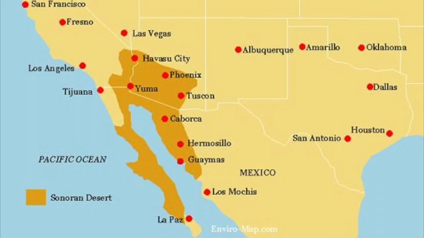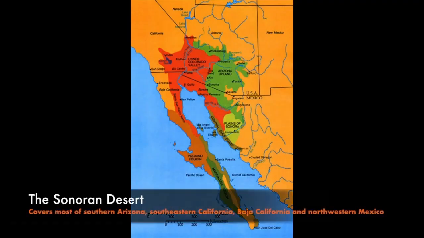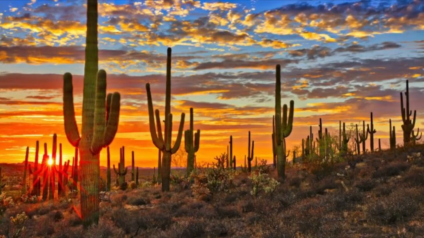The Sonoran Desert, as currently defined, covers approximately 100,000 square miles and includes much of the state of Sonora, Mexico, most of the southern half of Arizona, southeastern California, most of the Baja California Peninsula, and the islands of the Gulf of California. It is lush in comparison to most other deserts.